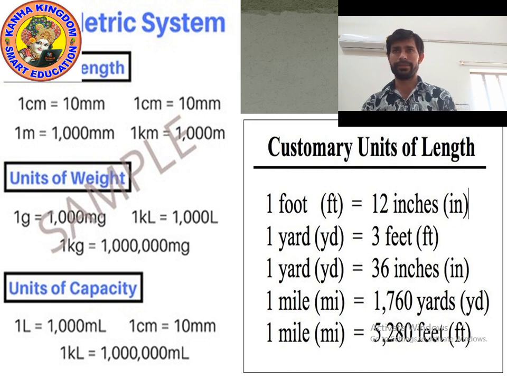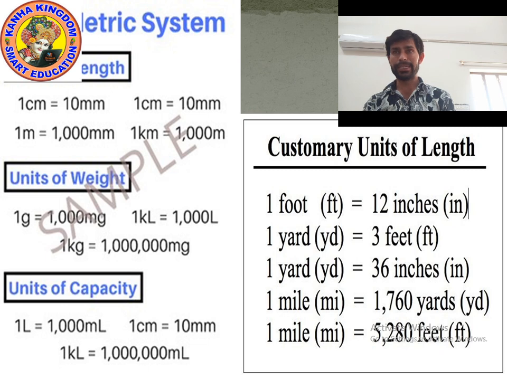Okay. I have also written some customary unit of length. Please memorize all these unit, because these unit we use in daily life. 1 foot is equal to 12 inches.